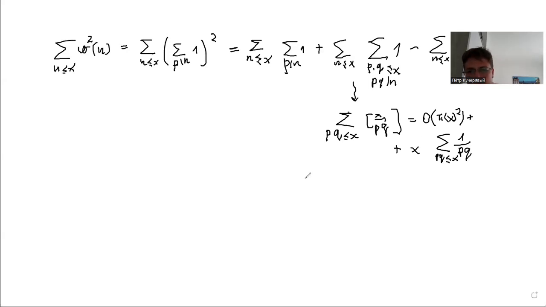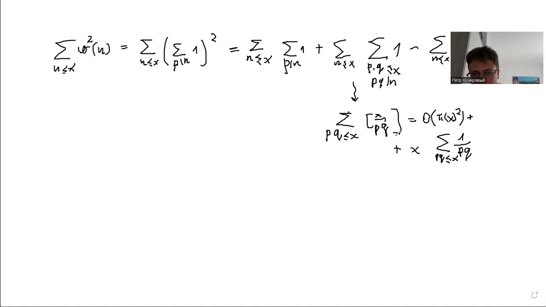The pi of x squared came from the pairs where p equals q. I did the same as in the previous case.